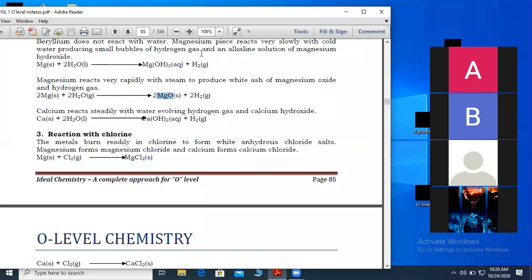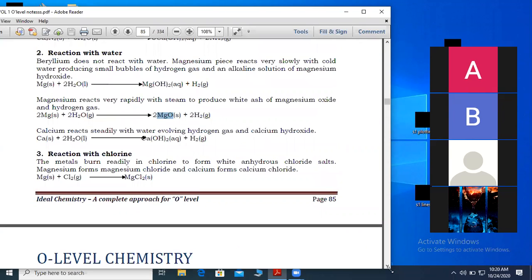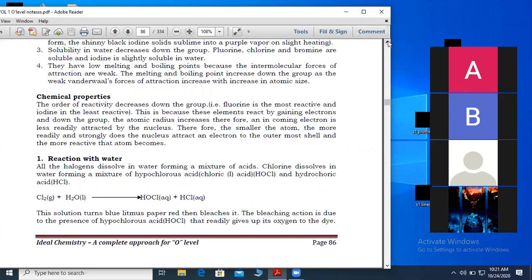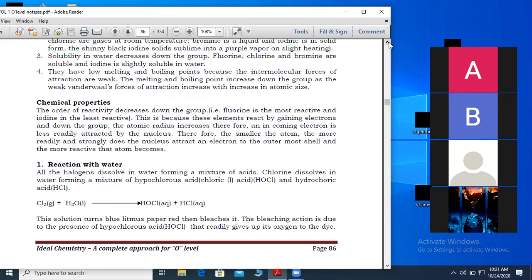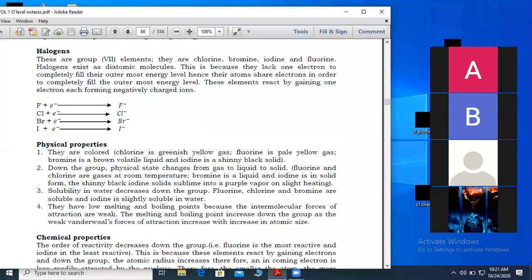The observations. Who remembers the observations that I told you when you were at school? You can tell us what is observed when steam is passed over heated magnesium. Someone?